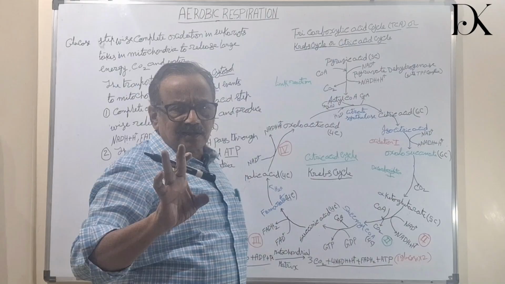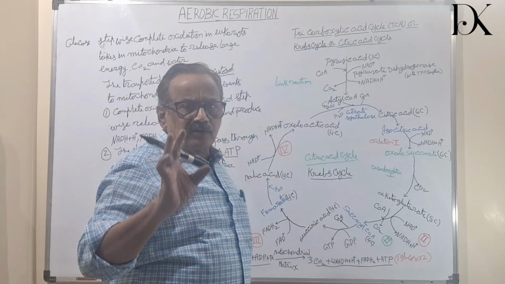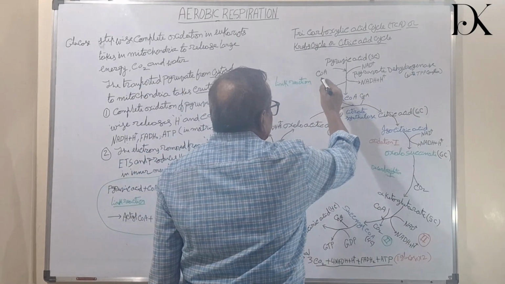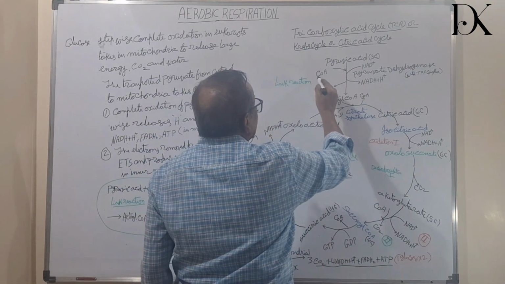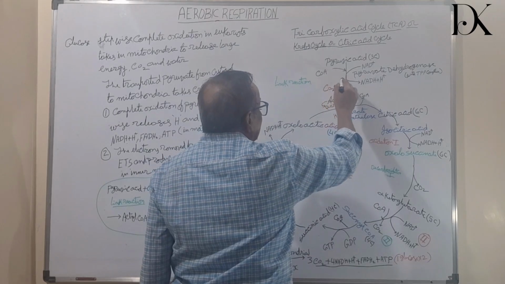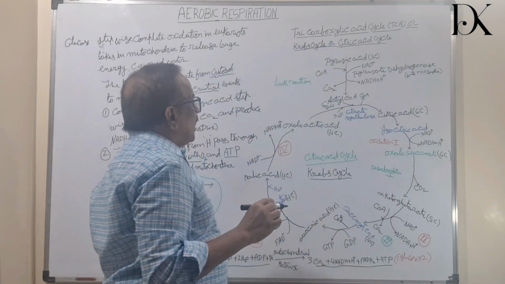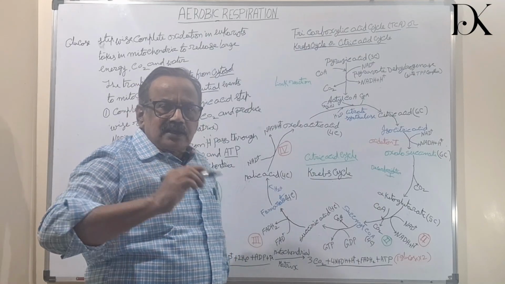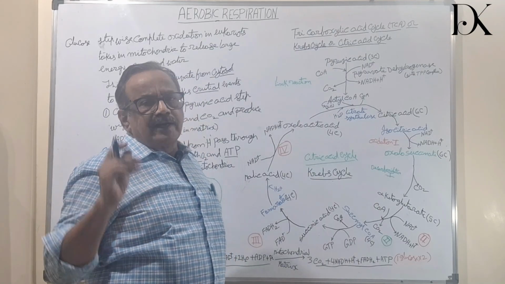Please remember this. Practice the cycle four or five times and it will come. Don't worry. At the same time, coenzyme A is taken in this reaction, and one carbon is lost in the form of carbon dioxide.